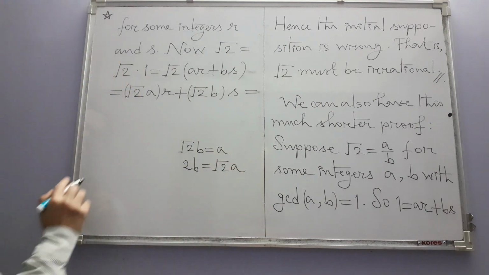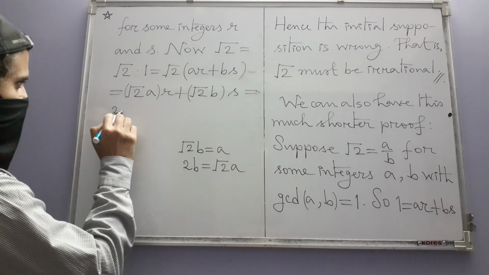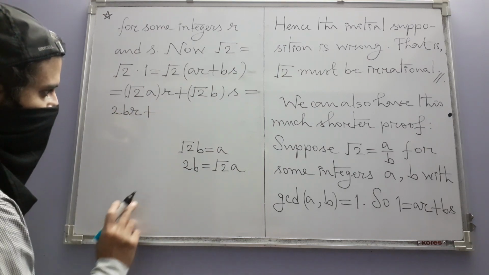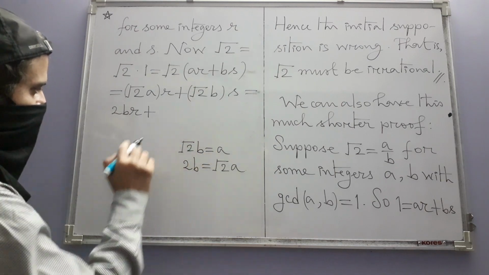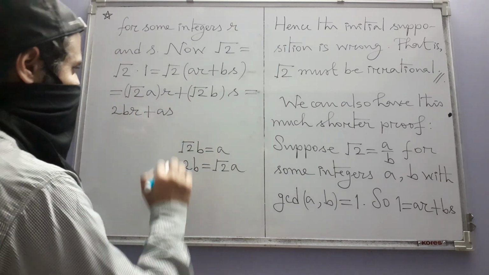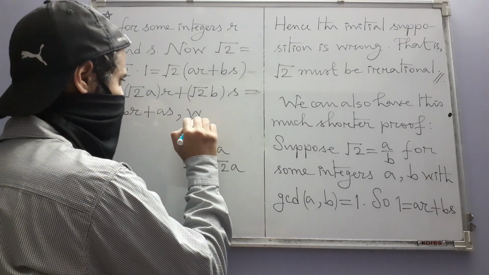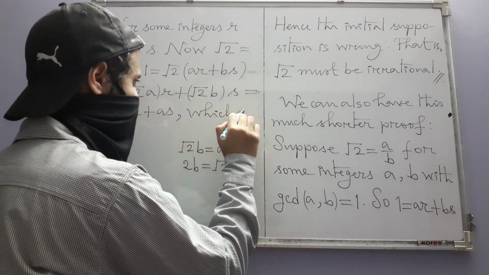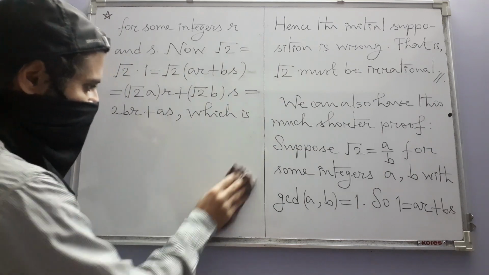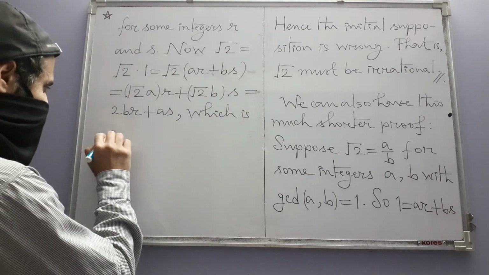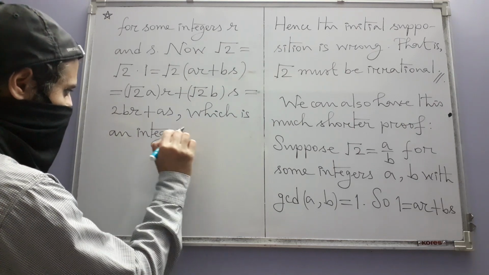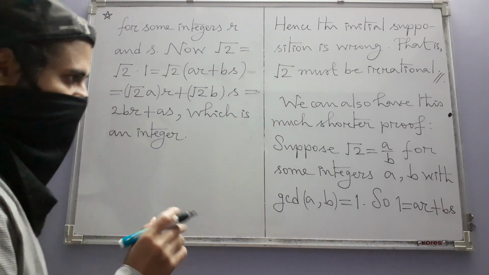So if you use that here, then you get 2br plus as, which is an integer. An integer, and this is not possible.